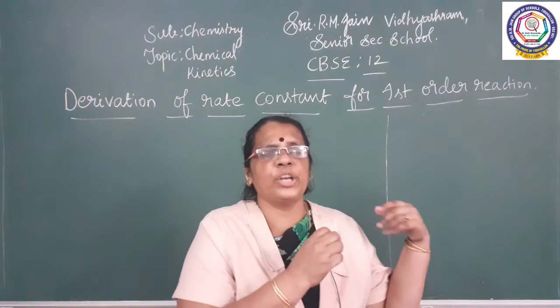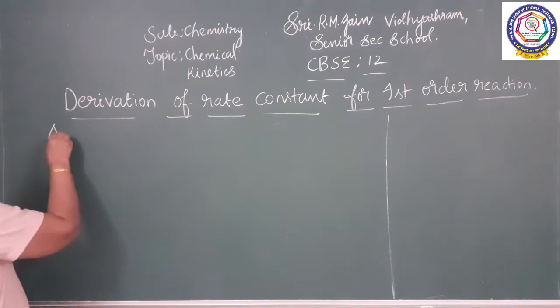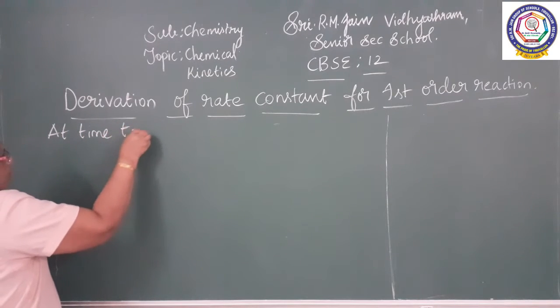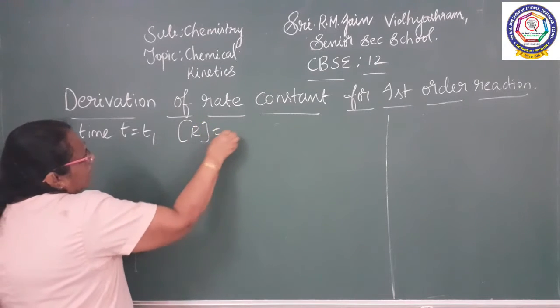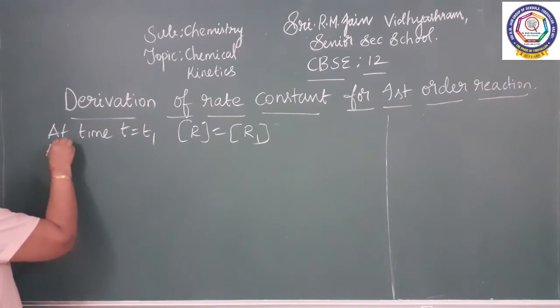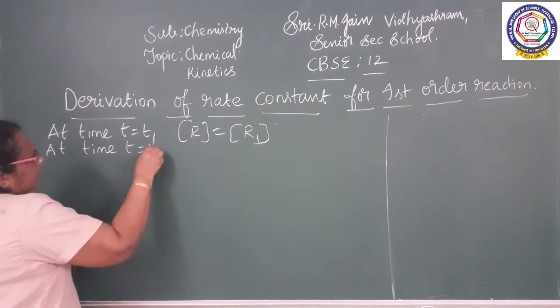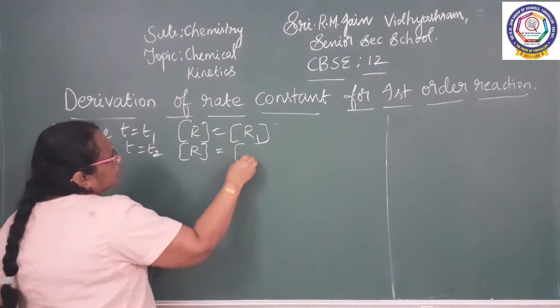Okay children, let us continue with the next step. At time T is equal to T1, R is considered as R1, and at time T is equal to T2, R is considered as R2.